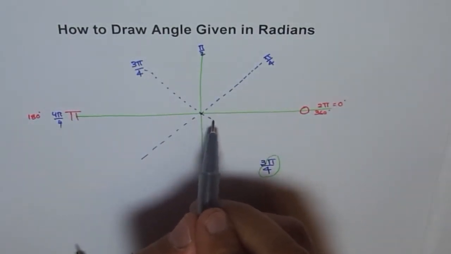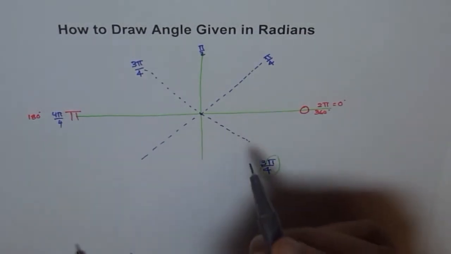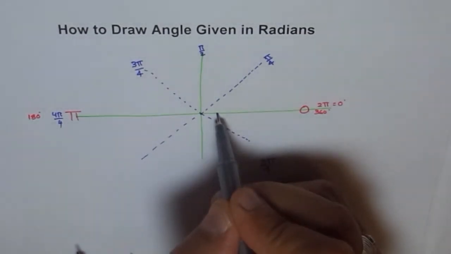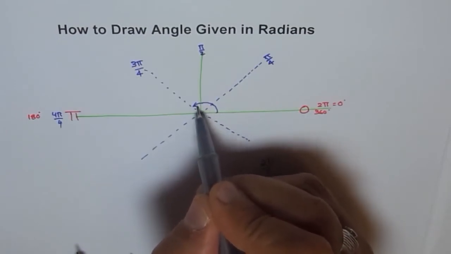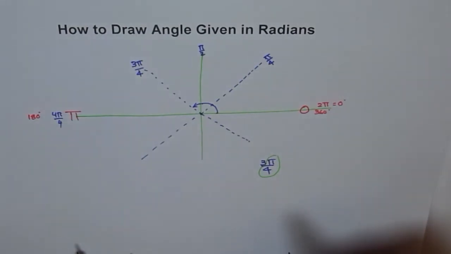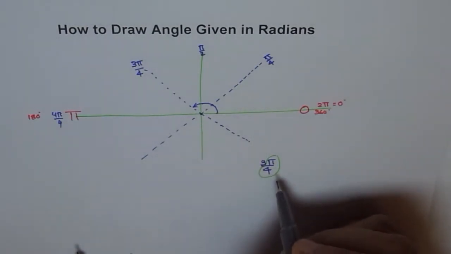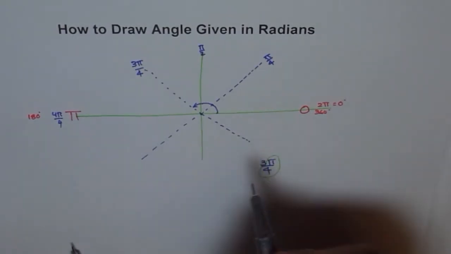Let me extend these lines here. So that 3 pi by 4 is how much? So we say 1, 2, and 3. So this is our 3 pi by 4. Perfect. Okay. How about 7 pi by 4? If we have to go for 7 pi by 4, then what?